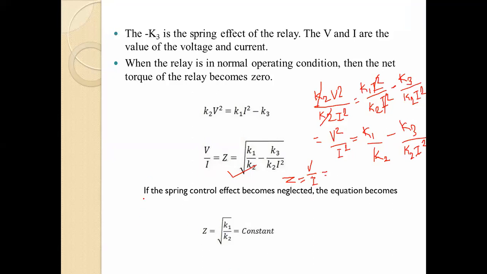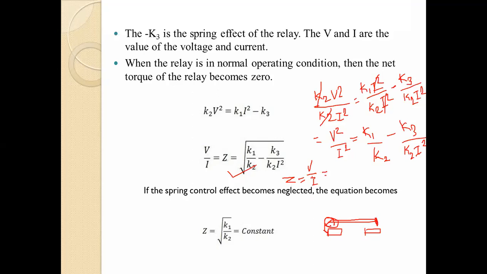Okay. So here, if the spring control effect becomes neglected, it means actually we are considering here one restraining coil, one operating coil, one plate, and here one spring is there. By using this, its movement is there.